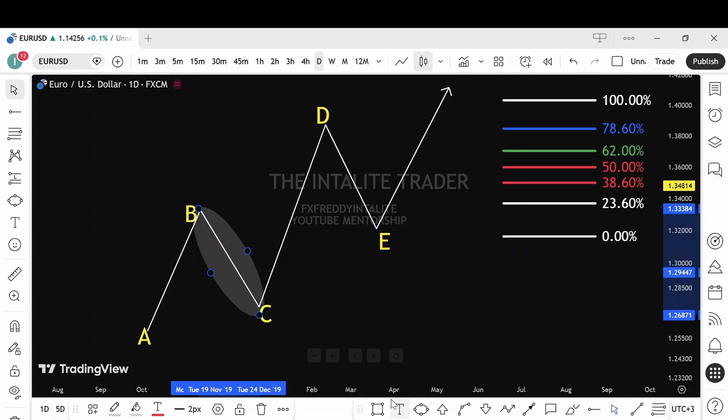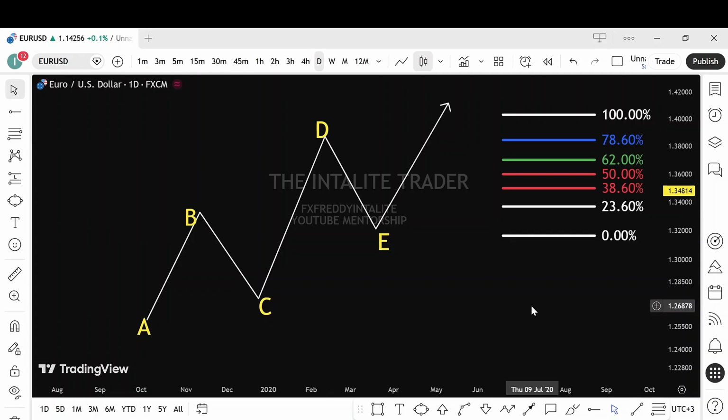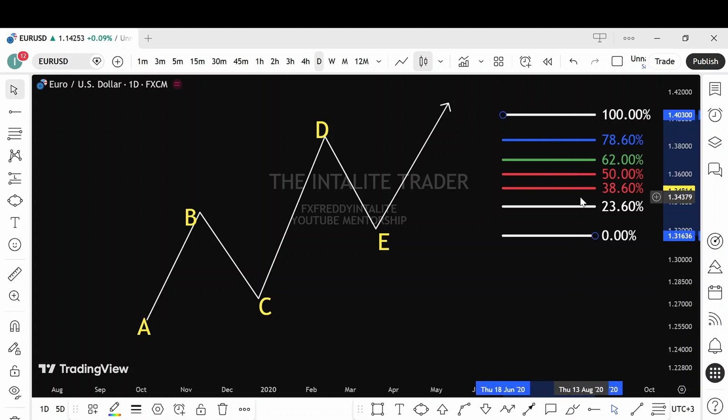So how do you tell if the retracement is a strong pullback or a shallow pullback? This is what you do. You get this instrument and you place it from this swing low to the swing high here.